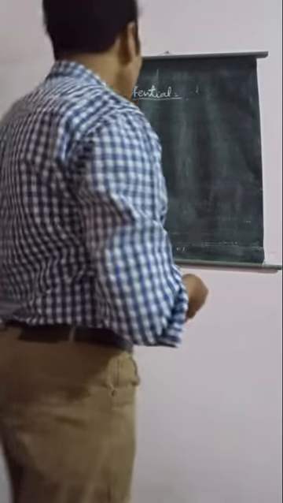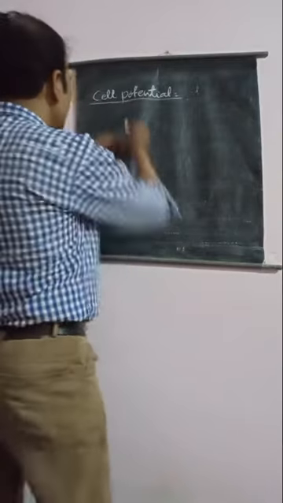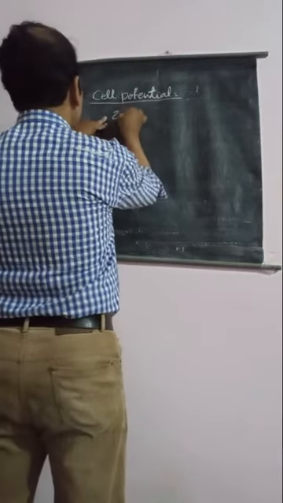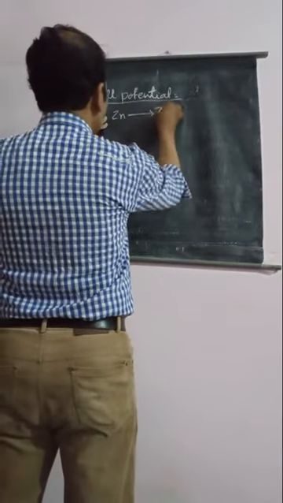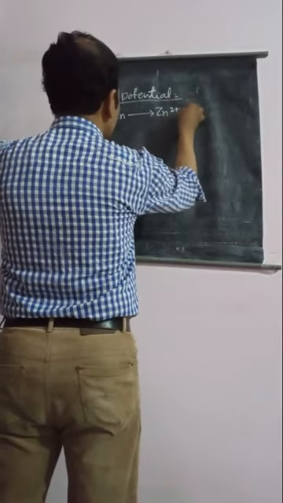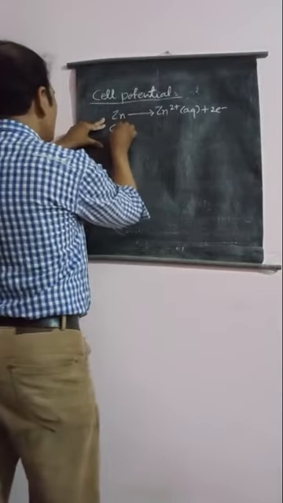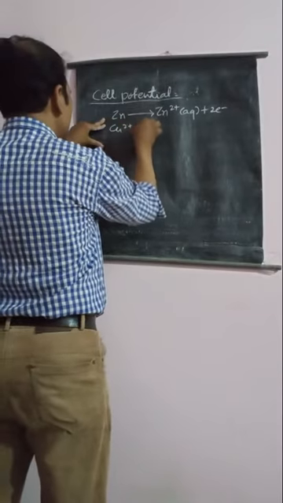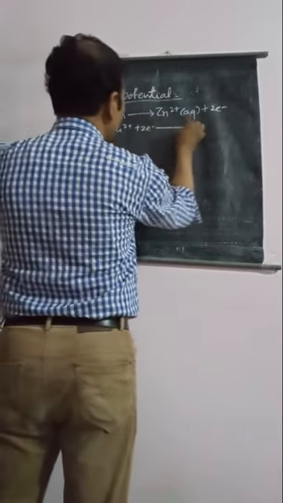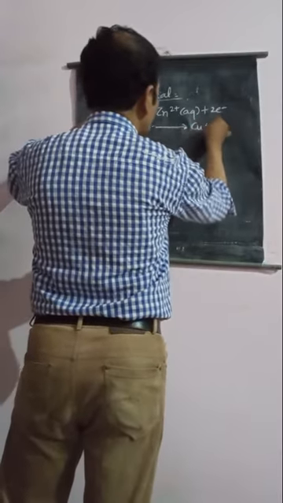If we take the Daniell cell, in this particular case zinc metal is converting into Zn2+ ion in aqueous state with the removal of 2 electrons, and the copper ions are accepting 2 electrons, converting into copper metal in solid state.